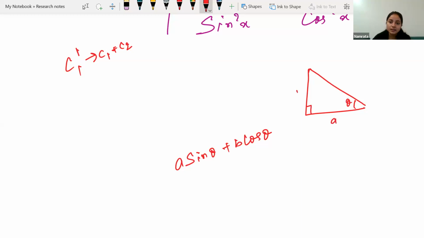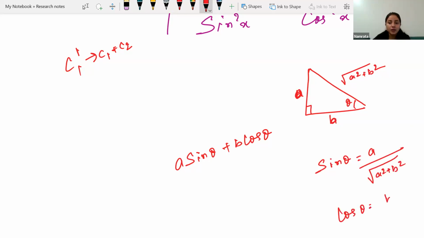Let's say this side is A, this side is B, then the hypotenuse will be under root A square plus B square, right? Now what will be the sine theta value? Sine theta will be A by under root A square plus B square, and cos theta will be B by under root A square plus B square. This is what we get from the triangle, which we have taken ourselves.